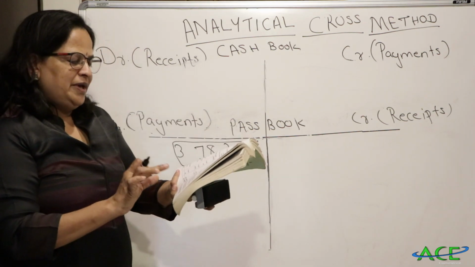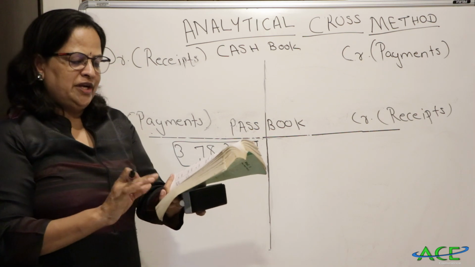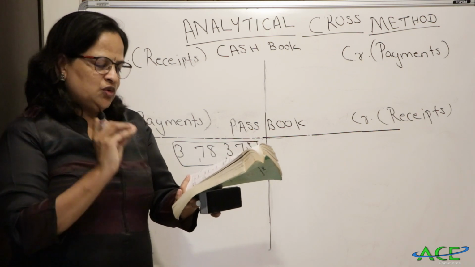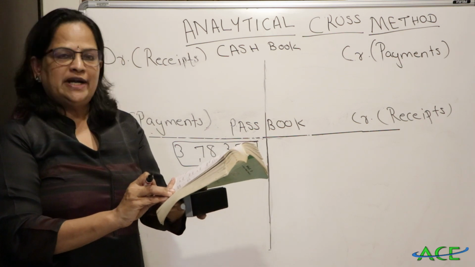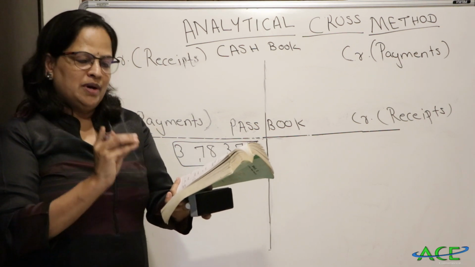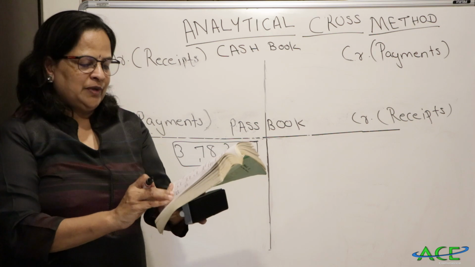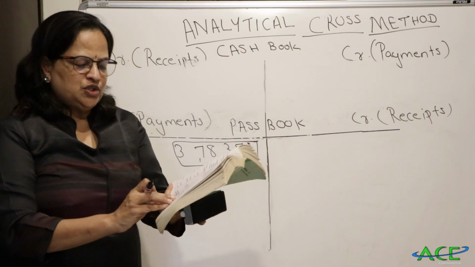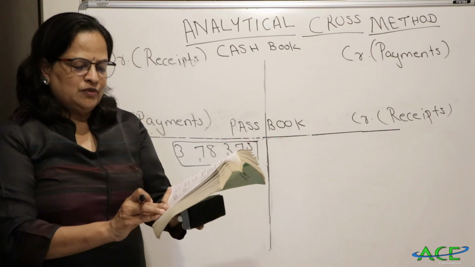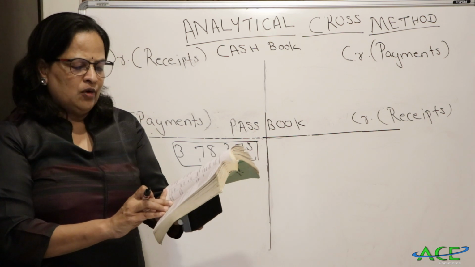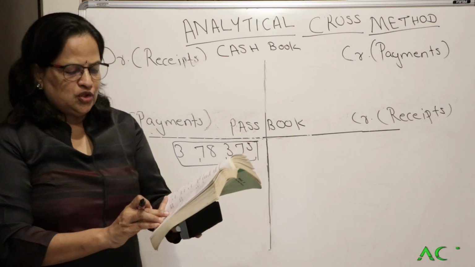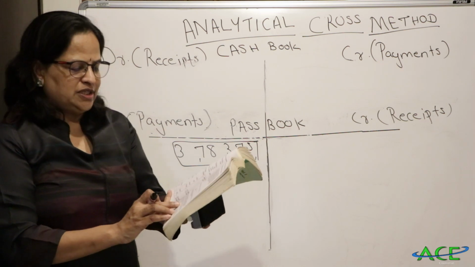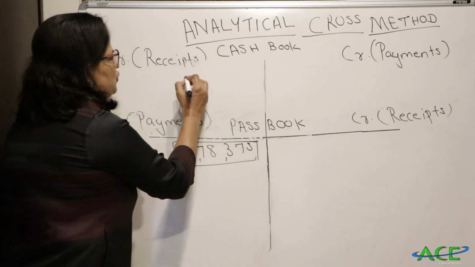Now, on comparing the passbook with the cash book, the following discrepancies were discovered. First, the firm deposited checks worth 68,250 in the bank on March 27, 2020. Out of this, rupees 23,250 was credited in the passbook only on April 5th. So this difference of 23,250 you have to write here.